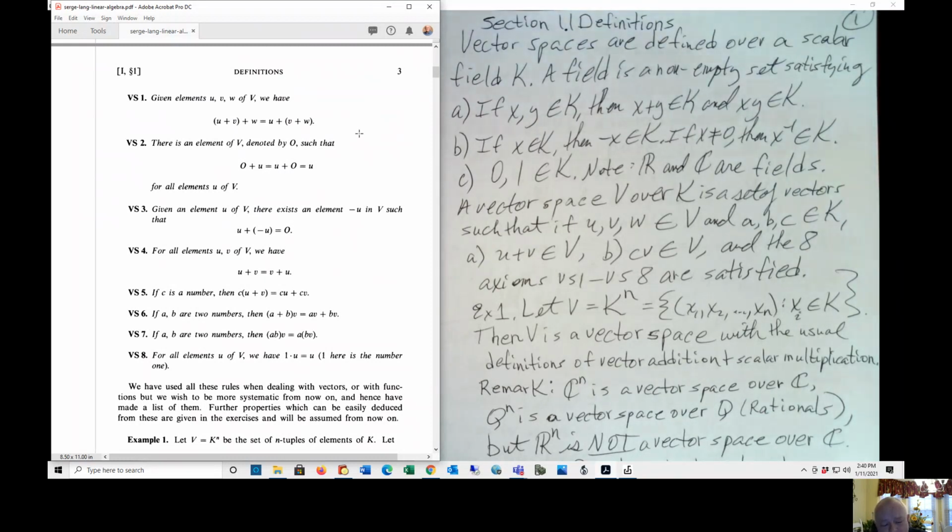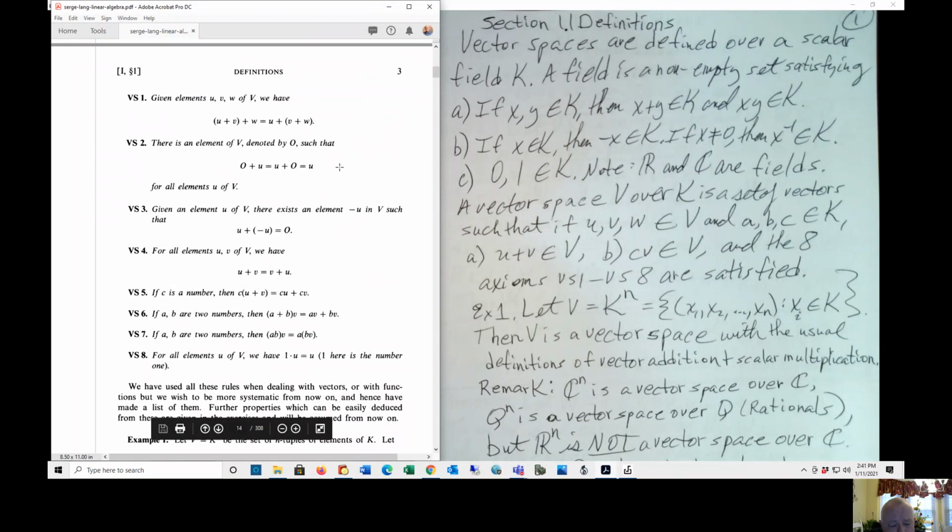So again, if you take 3 vectors, u, v, and w in the vector space and scalars a, b, and c in the field K, the first one is the associative property. It doesn't matter how we associate the elements when we add them together.